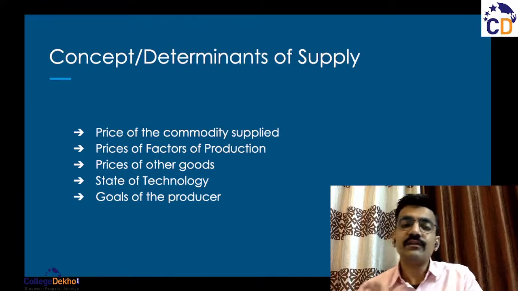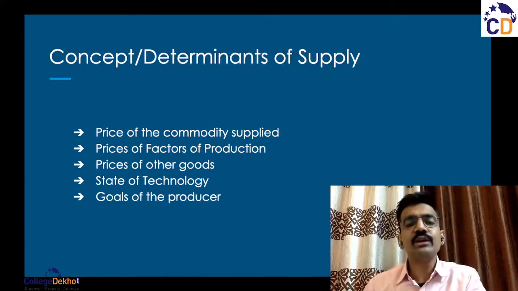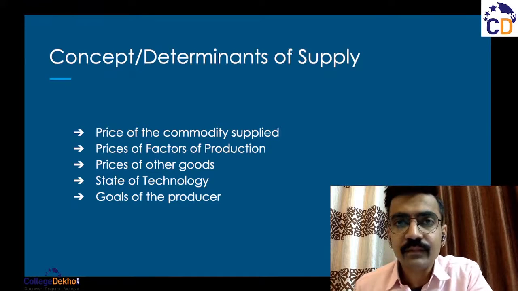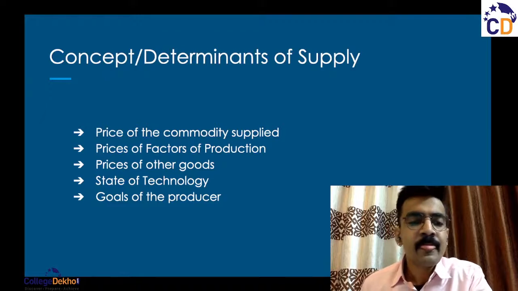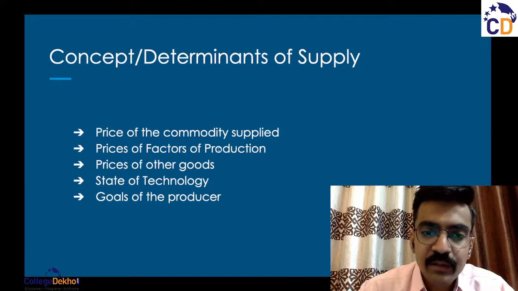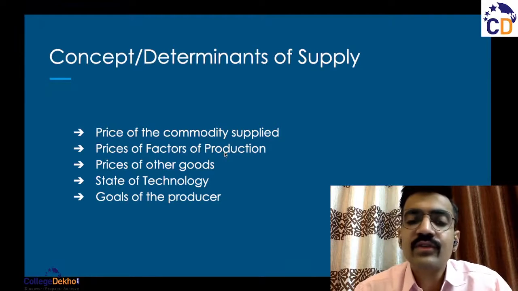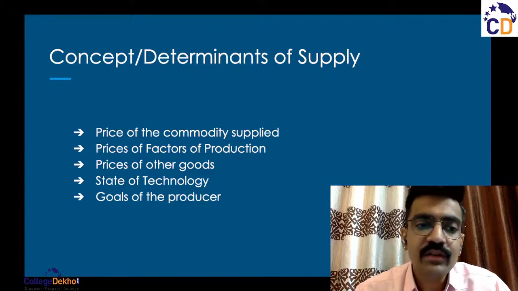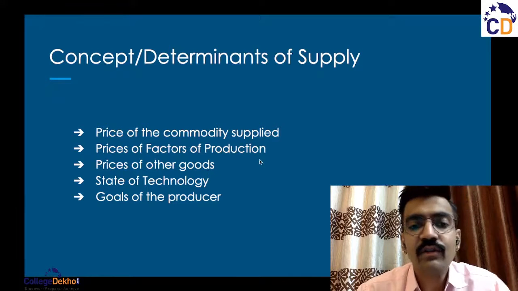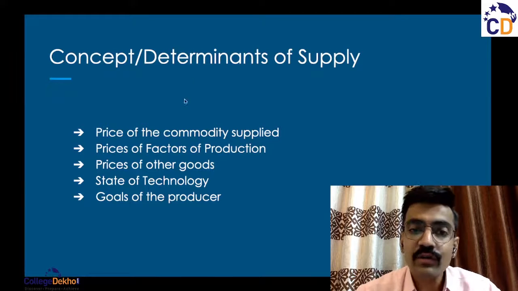This final product could either be a physical good, or it could be a service, which is not physical. So these factors of production could also be goods, labor, or services provided by them.